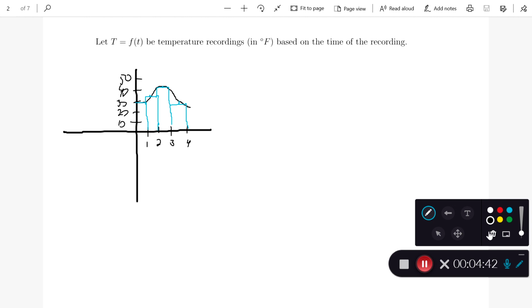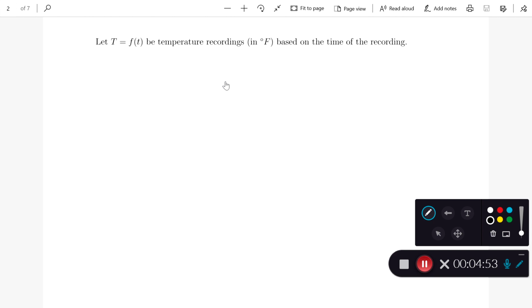So for example, here you would be adding up the function values and dividing by the total number of rectangles, which in this case would be 4. If you wanted to take a generic number of rectangles, then you could take, say, n rectangles. That would work for whatever approximation you wanted to do.